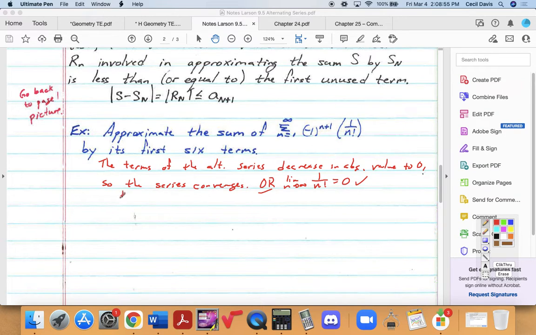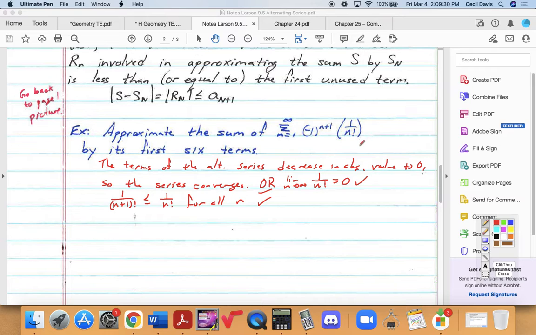Check. 1 over (n plus 1) factorial has to be less than or equal to 1 over n factorial for all n. Also check. It's kind of about the same amount of writing. One way or another, you got to show that the series alternates before you start using the alternating series estimation theorem.